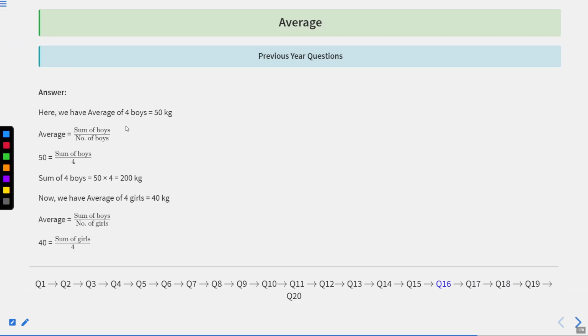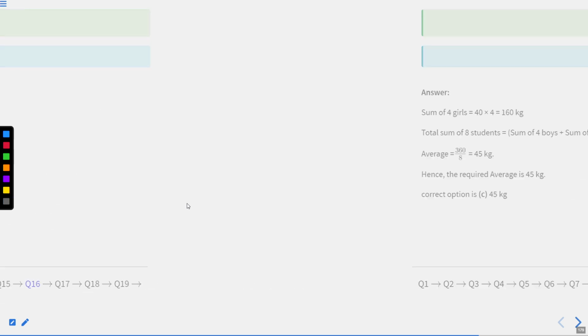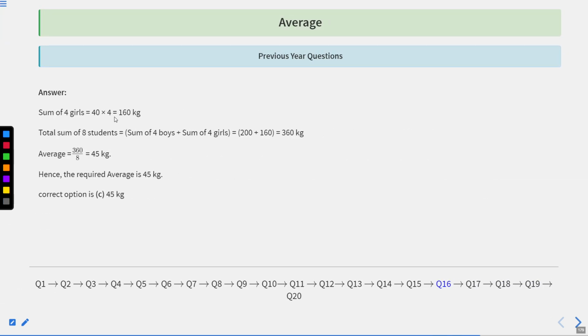The average of 4 boys is 50 kg, and the average equals the sum of weights of boys upon the number of boys. So the sum for boys will be 50 times 4, equal to 200 kg. The average of 4 girls is 40 kg, so the sum of weight of girls is going to be 40 times 4, which is equal to 160.